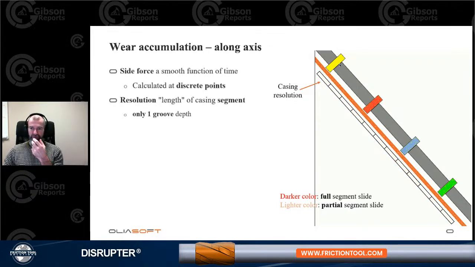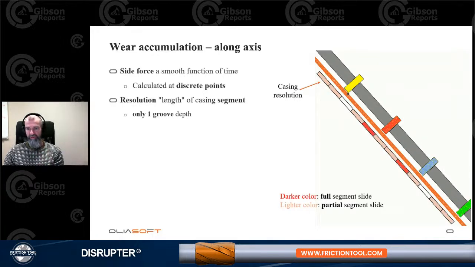If we follow the yellow one here, we can see it starts on the inside, so it will not be fully worn. We get some reds in sometimes, but many of these small movements of the drill string do not cause a full movement across it, right?